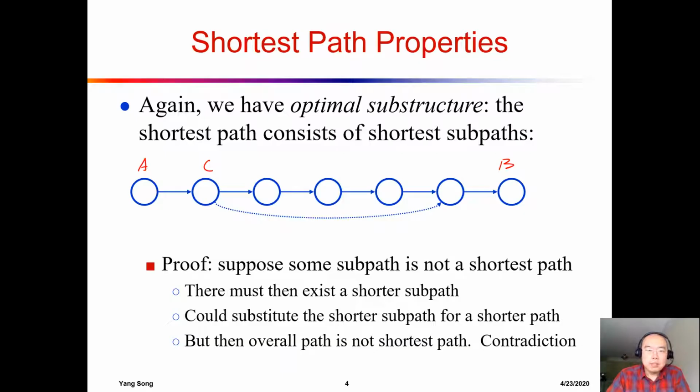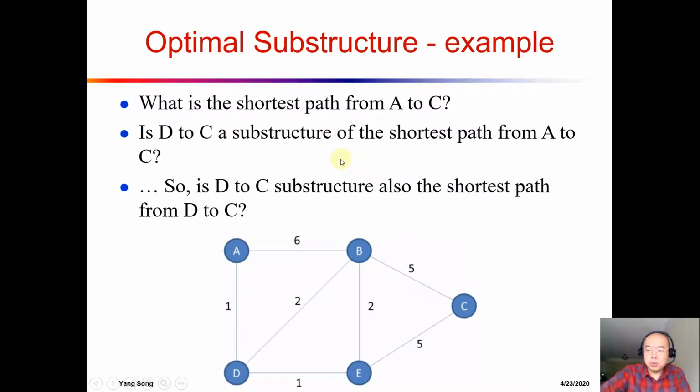Let me use another example to show you the idea. Say we have this graph, which is an undirected graph, and it doesn't matter. What is the shortest path from A to C? You may say the shortest path is from A to B and then B to C, right? Because there are only two hops.